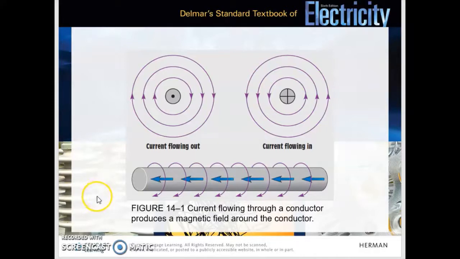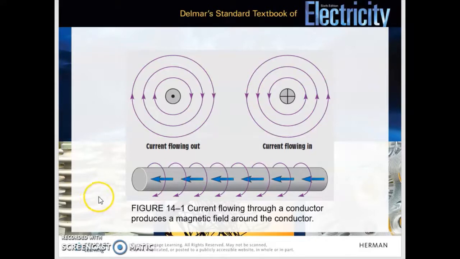Let's start with voltage. Voltage is electromotive force, or I like to think of it as electrical pressure. It's a force that's pushing or trying to push electrons through a conductor. If you took DC fundamentals, then you should understand these concepts.